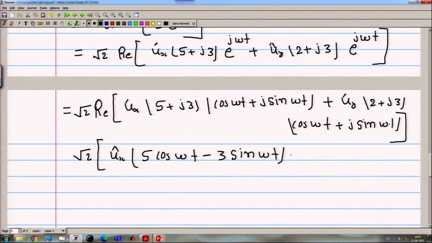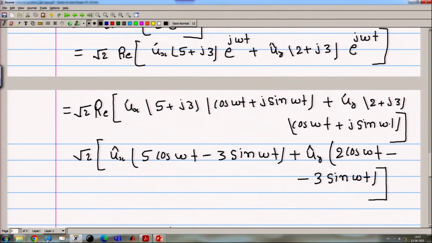In the next part, uy (2 cos omega t minus j square, again it will be minus 3 sin omega t). So, this will be the final answer.